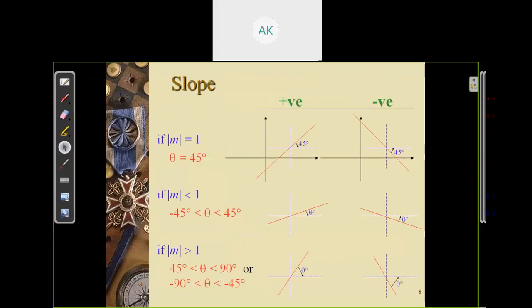One question I am asking all of you: why, when m is less than 1, are we moving x with unit interval, and when m is greater than 1, we choose y to change with unit interval? Can any one of you give the answer to this question? Anyone?